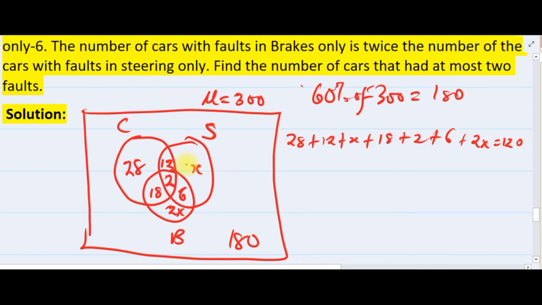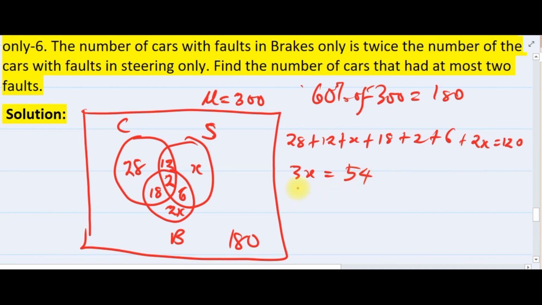That's from our common set. So we have x plus 2x is 3x. So let's sum. 28 plus 12 is 40. 40 plus 20 is 60. 60, 66. So 120 minus 66 is 54.